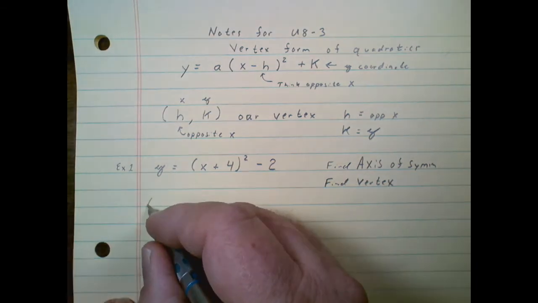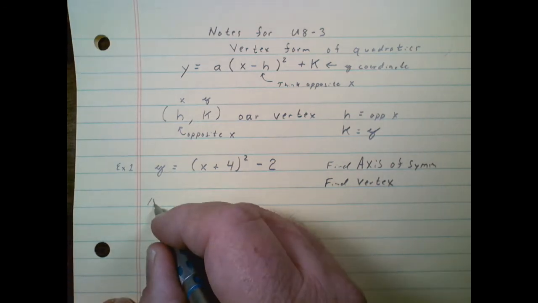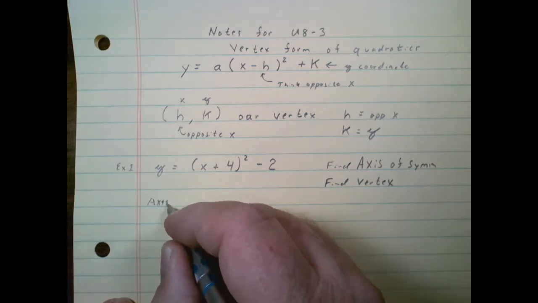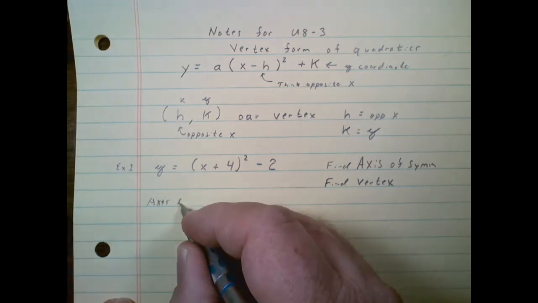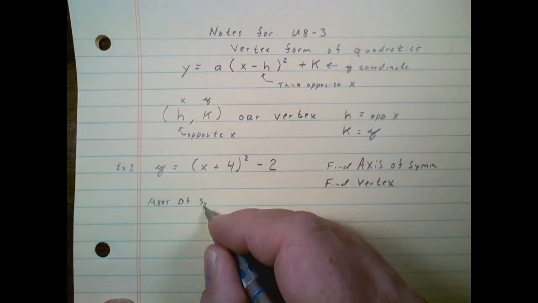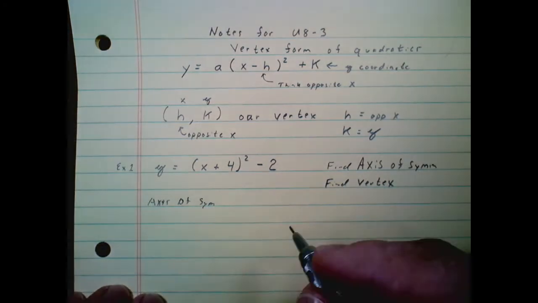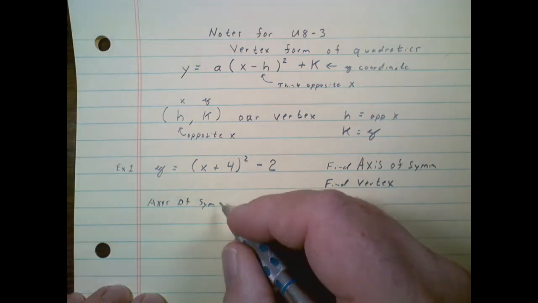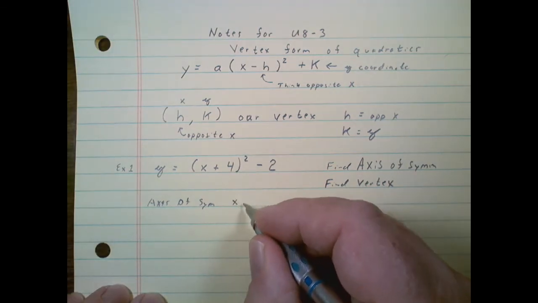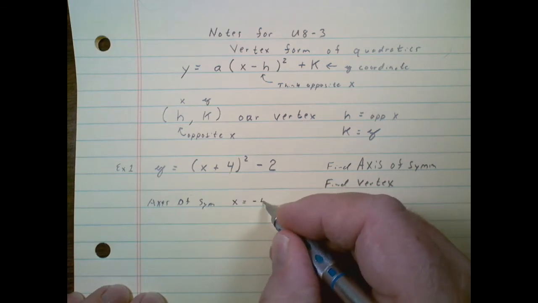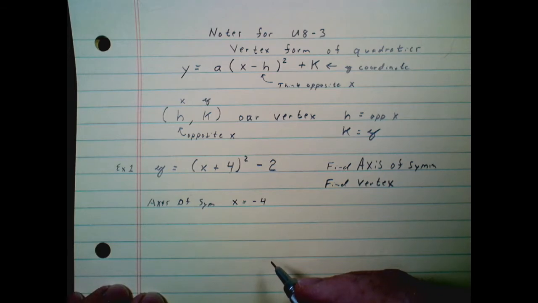All right, so axis of symmetry, remember that's the value of x, so it's at x equals opposite, so a -4. So that's your axis of symmetry.